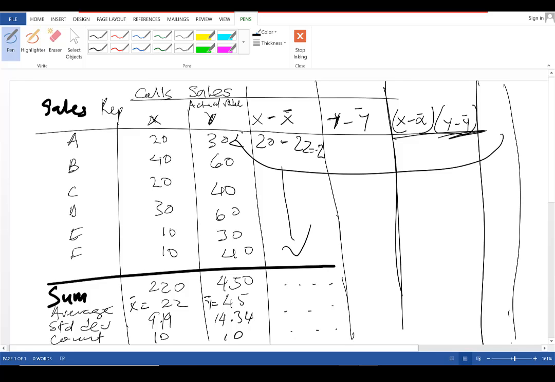We will have our predicted value right here, and we will have our error or deviation.